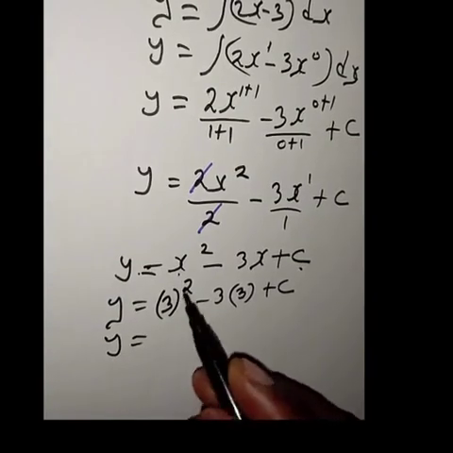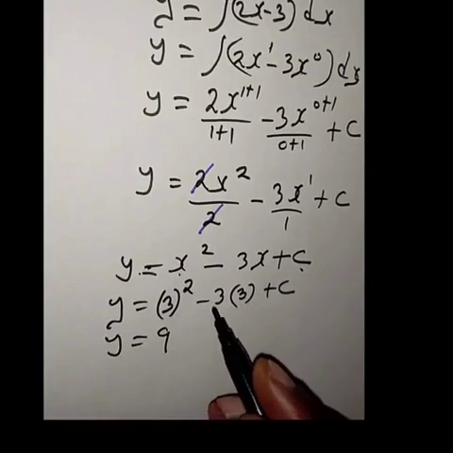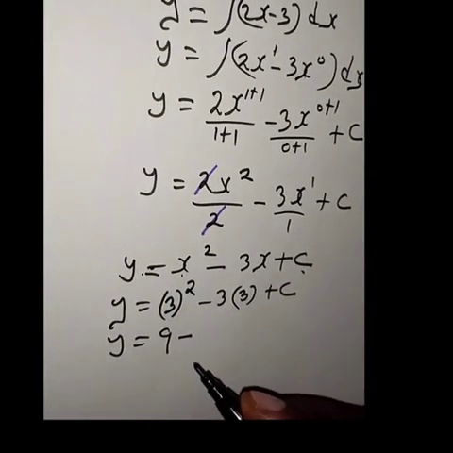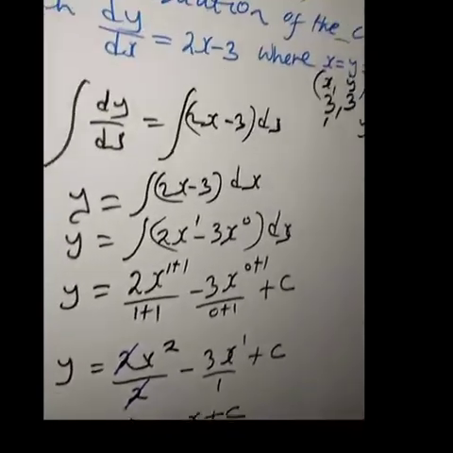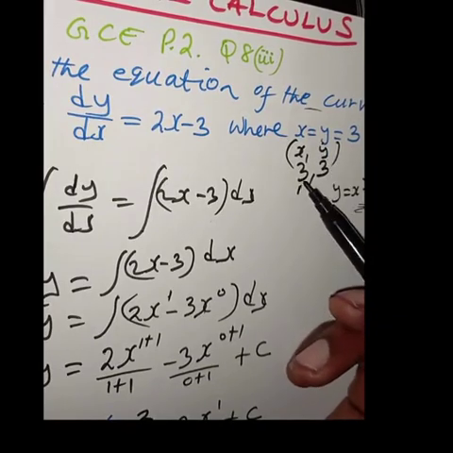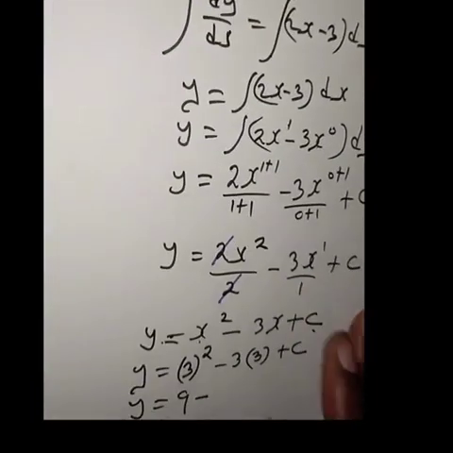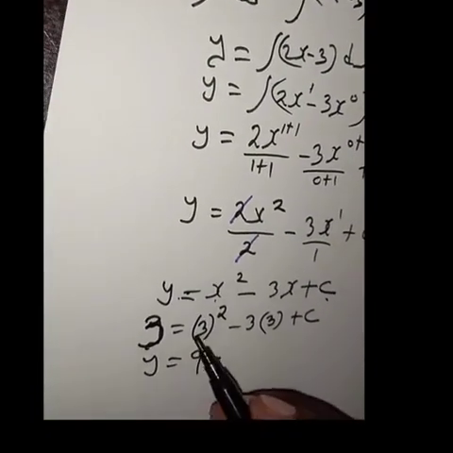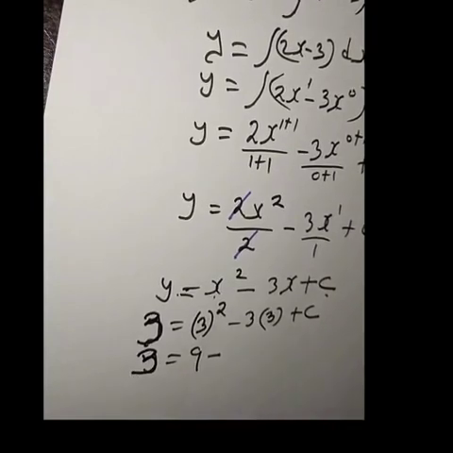So y is equal to 3 squared, which means 3 times 3, which is 9. Oh sorry, we didn't replace the y. There is x and y. Where there's x, put 3. Where there's y, put 3 as well. So even here there must be a 3.